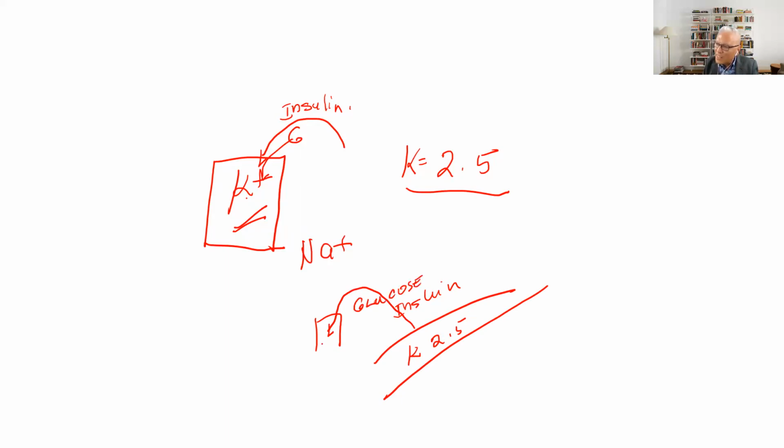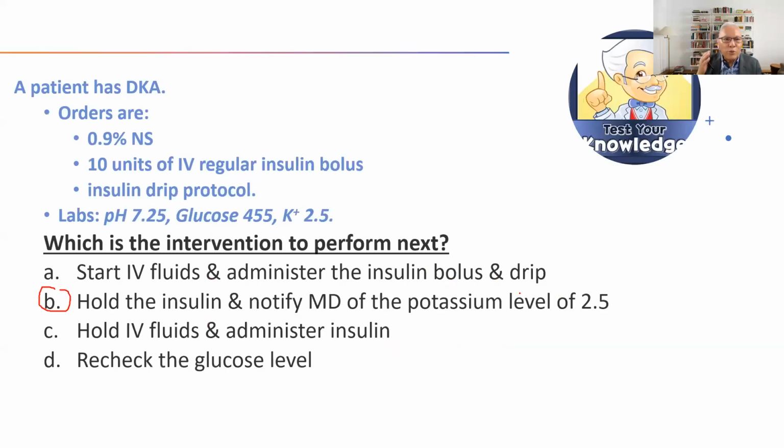Potassium. Okay. So this 2.5 will now become 2.0. What is the danger? The danger is that the patient is going to be in severe hypokalemia. The patient will have a cardiac arrest. So when you have a low potassium level, you should correct the potassium level first before you give insulin.